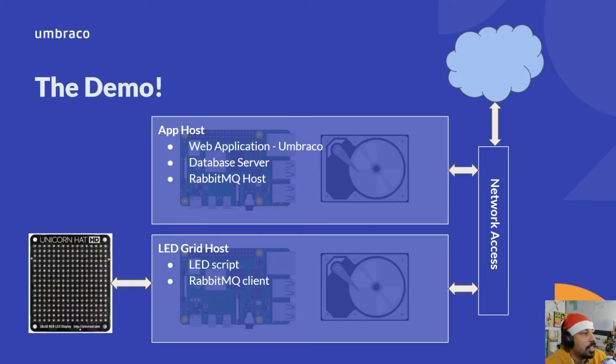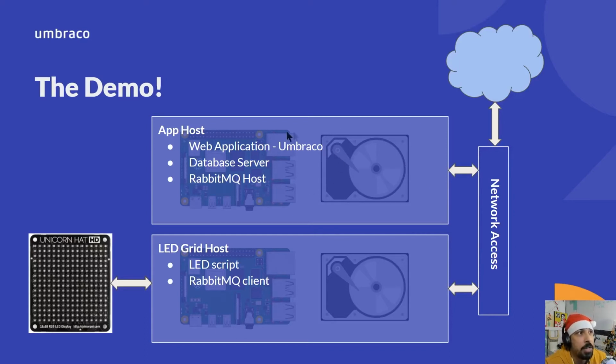Okay, this is the actual demo we're going to be running itself. So we have our application host, which is the first Pi, with a website already installed on it. I've got the database server already installed on it, and I have a RabbitMQ message queue host on there. That's connected to the main network. And these three have an internal Docker network as well, so that's separate to the main network.